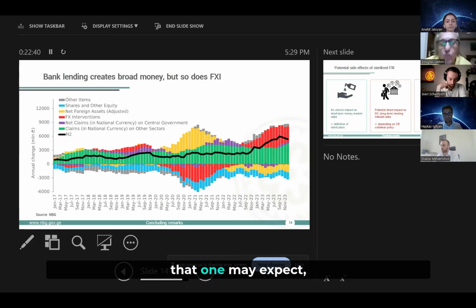Of course, whether it has an impact on inflation or on the exchange rate in the direction that one may expect depends on the driving forces. Because we were buying FX during a time when there was demand for lari, FX intervention was not generating any inflationary pressures; if anything, inflation was declining during this time because demand for lari assets was increasing.